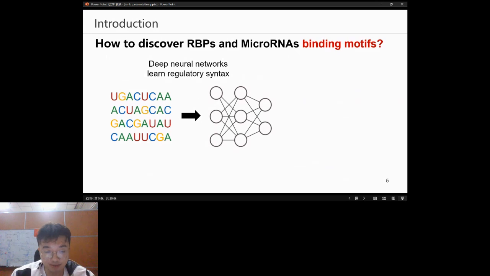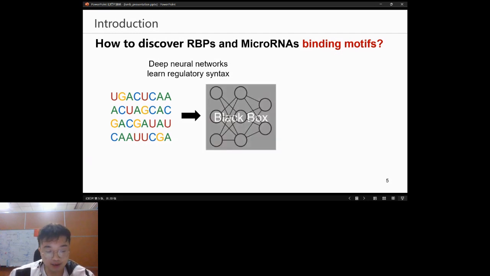In recent years, deep neural networks have shown successful applications in predicting mRNA functions, outperforming traditional methods based on feature engineering, indicating the neural networks' ability in deciphering motifs and complex regulatory grammars in mRNA sequences.